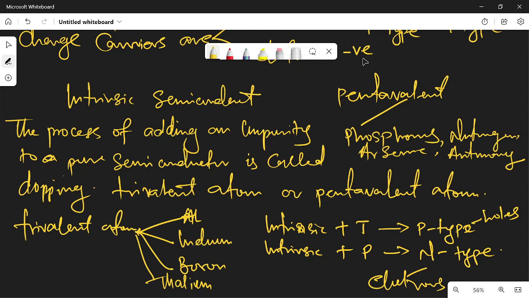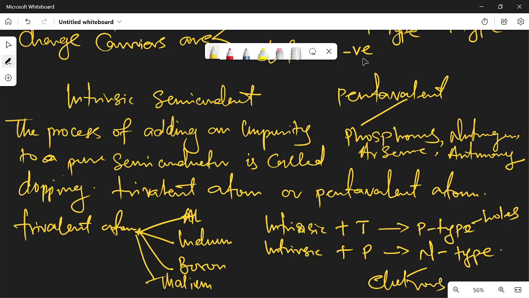Trivalent atoms include aluminium, indium, boron, thallium. Pentavalent atoms include phosphorus, arsenic, and antimony. When you add a trivalent atom to an intrinsic semiconductor, you have the p-type semiconductor. When you add a pentavalent atom to an intrinsic semiconductor, you have the n-type semiconductor.